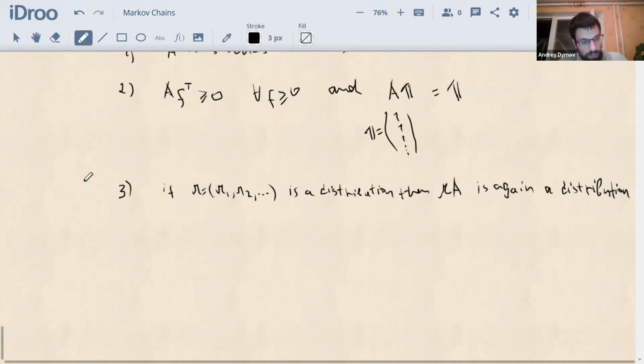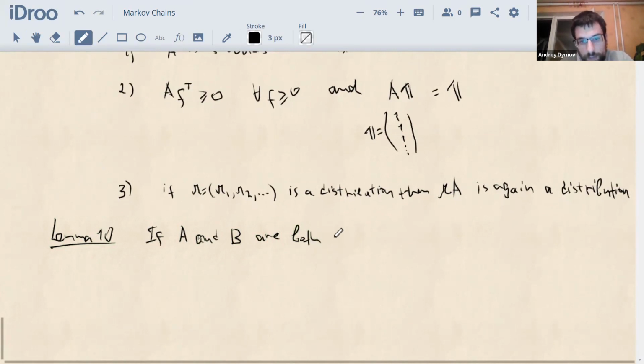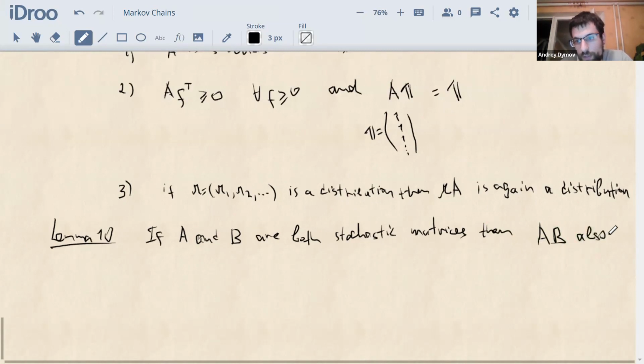So let me formulate one more lemma, lemma 10. If A and B are both stochastic matrices, then AB also is stochastic.